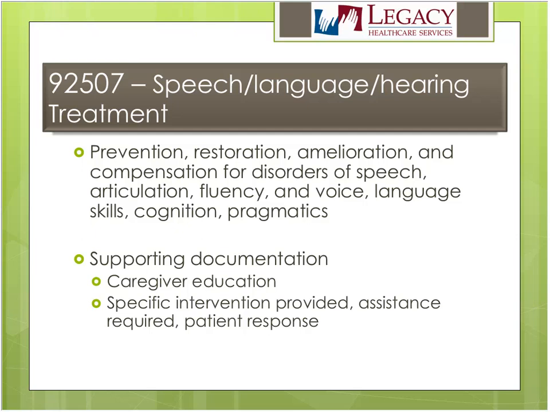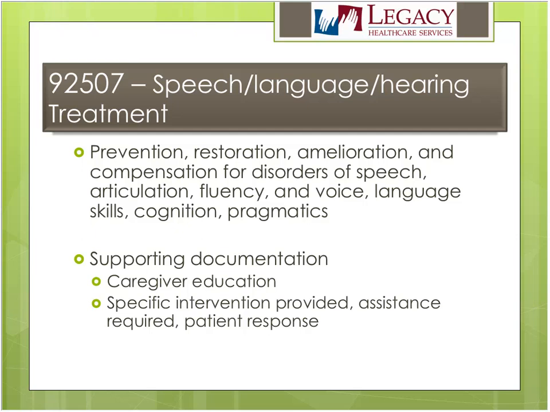So oftentimes, 99.9% of the time, as a speech pathologist, if you're addressing cognition for somebody in our setting, it's going to fall under this speech treatment code. The only time that you would bill cognitive retraining is if there is not a diagnosis of a progressive neurological disorder.